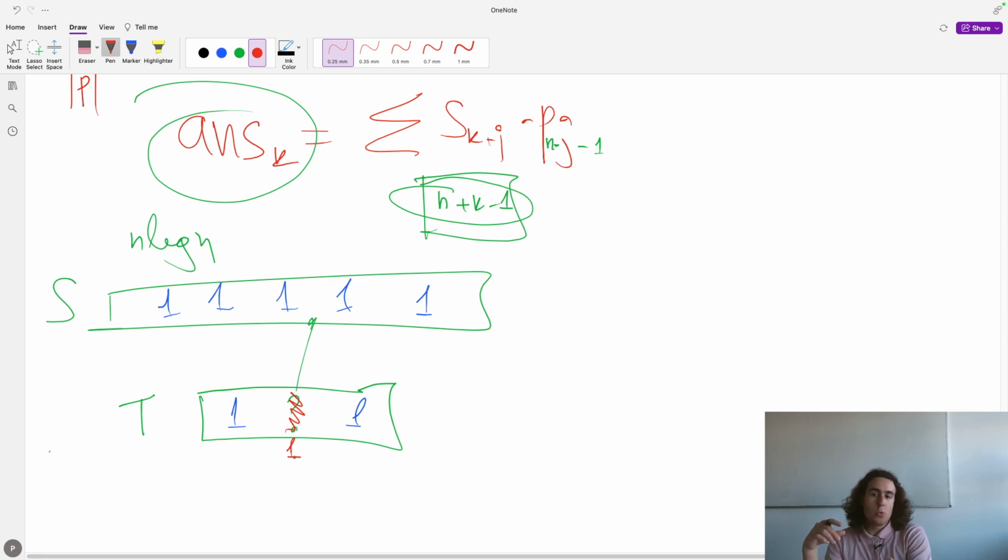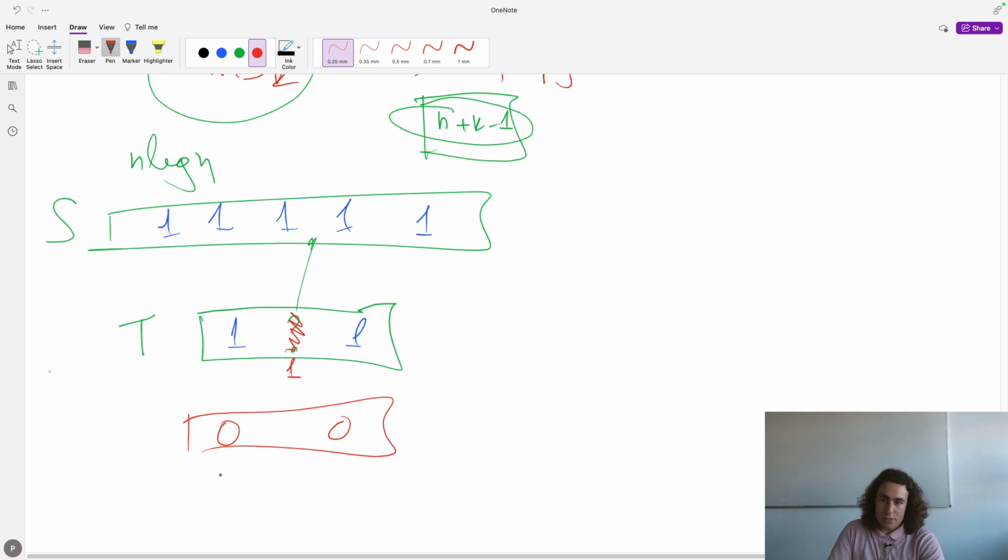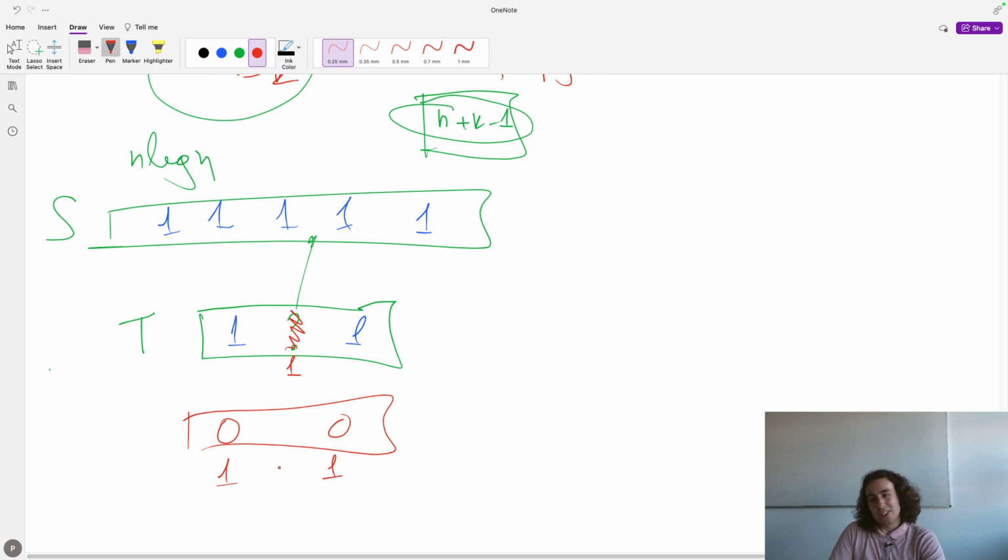So we replace all question marks also with ones, and then we multiply, and then we get how many ones from the string S match. And then we can do the same thing with zeros, right? We put ones on the positions where we have zeros or question marks, right? And then we multiply, and then we get whether a pattern matches S.